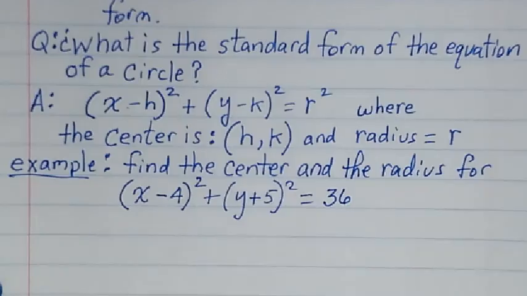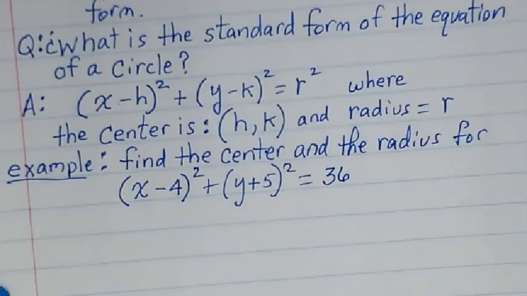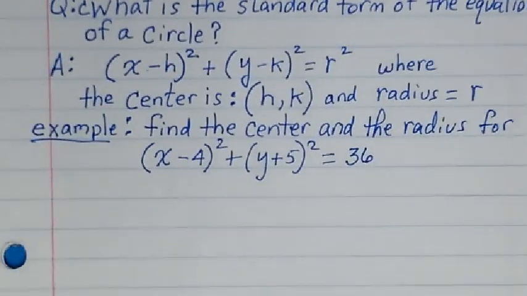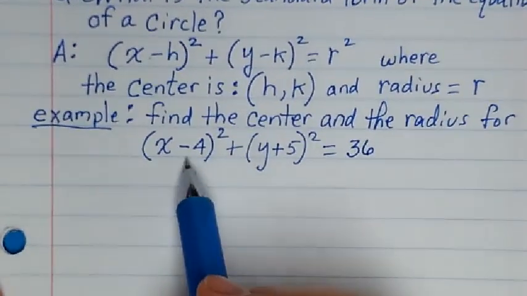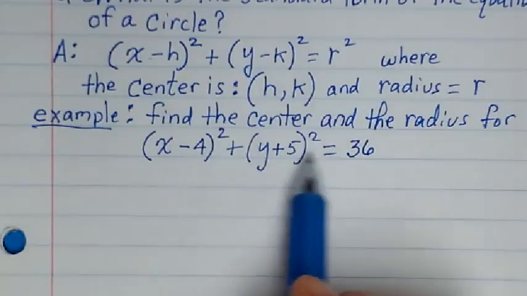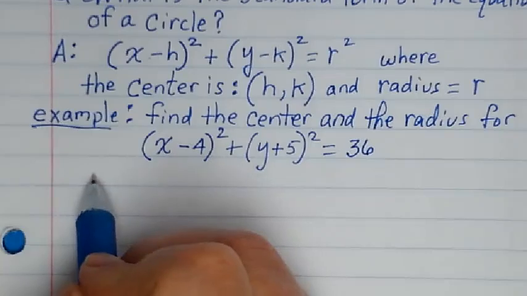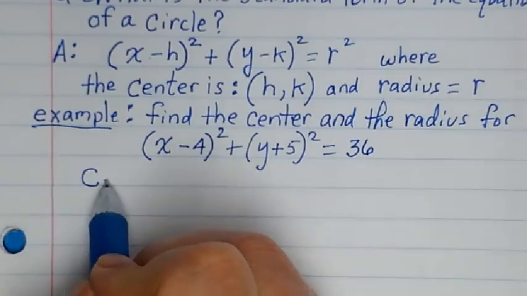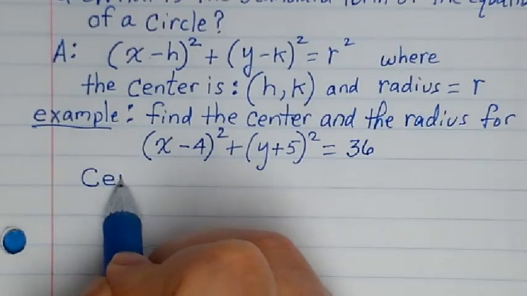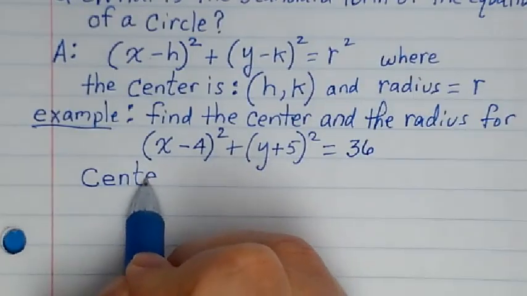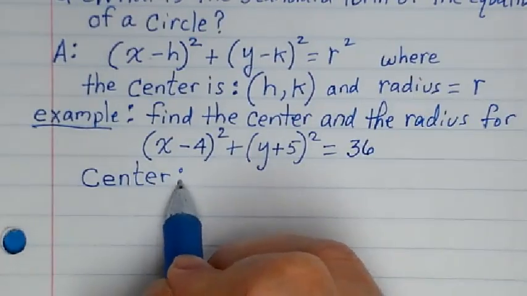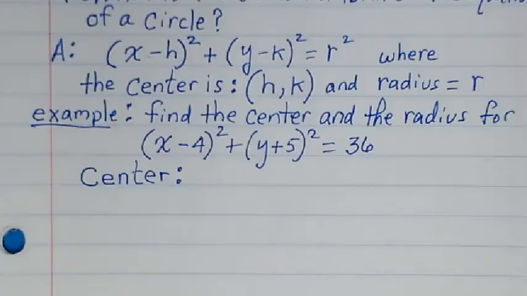All right, kids, check this out. Let me explain something to you, okay? This is the standard form of an equation of a circle. And to find the center, to find the coordinate of the center, do you know that a coordinate is like an xy coordinate?